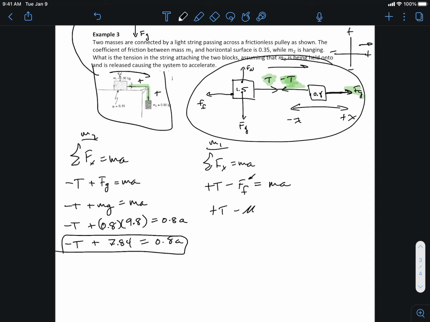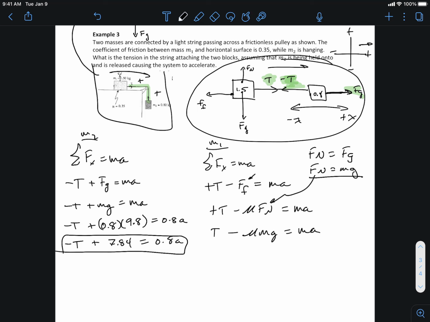We have minus mu Fn. Well, what is Fn? Fn is equal to Fg, so basically just mg. So you can take that and plug it in there, and that's going to be equal to Ma. So we go tension minus mu mg is equal to Ma.